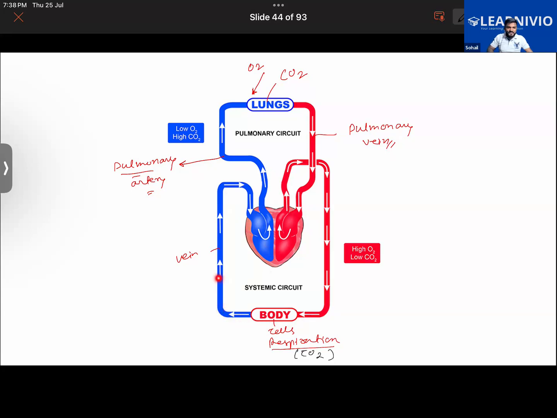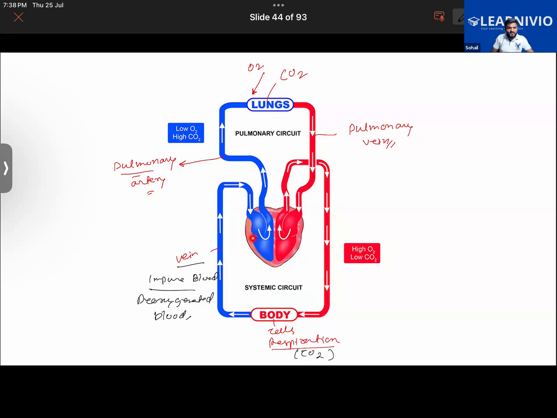We know veins carry impure blood, basically deoxygenated blood. So the blood containing waste materials like carbon dioxide from the body cells goes into the heart, right?